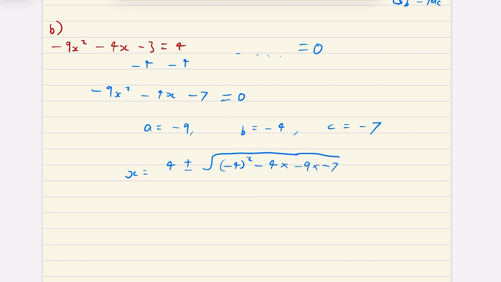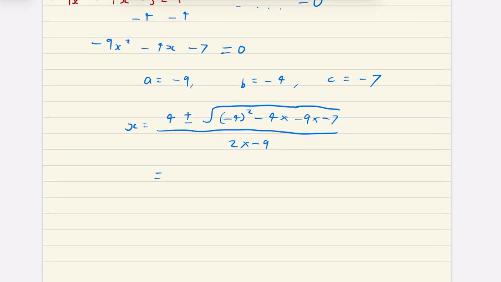And I encourage you to memorize this formula. All over 2a, 2 times negative 9. So now, before I simplify anything else, I'm just going to check the discriminant again. So negative 4 squared, which is 16, minus 4 times negative 9 times negative 7, that's going to give me also negative 236.